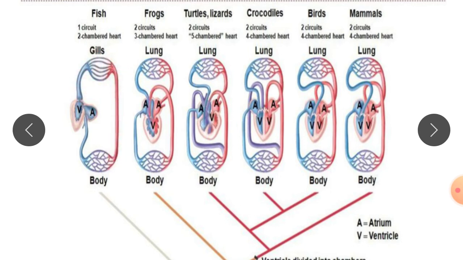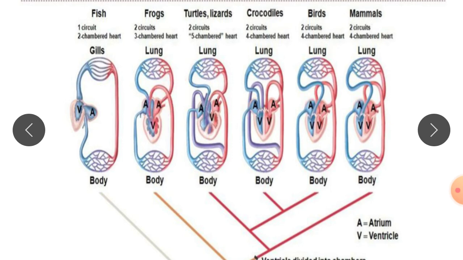Next, frog. So frog has two auricles, one ventricle. From the body, deoxygenated blood goes to the right auricle, to the ventricle. At the same time, the left auricle receives oxygenated blood from the lungs, to the auricle, to the ventricle.